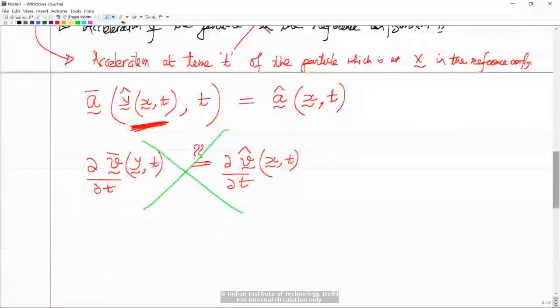You just have to think, once you wrote this, what does it physically mean? What is the meaning of the left hand side?